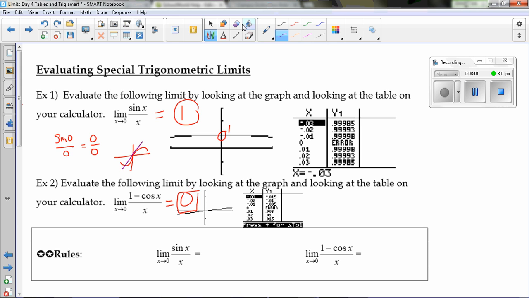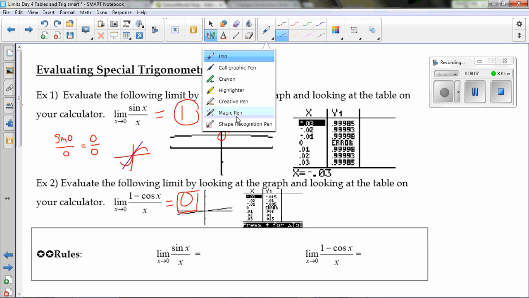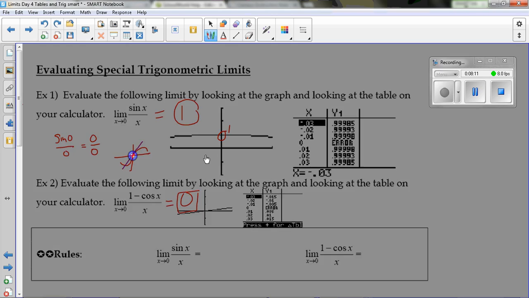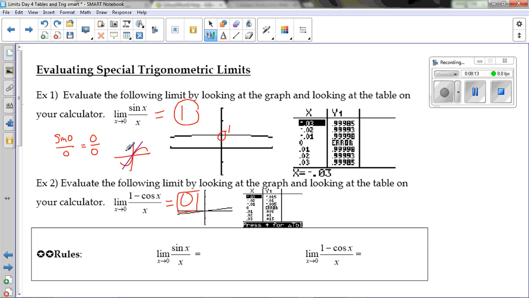If I were to zoom in on my little graph here, obviously it's not drawn to scale, but it's good enough. If I were to zoom in on that point, you would see that they're pretty similar. That means their quotient is going to be the same.